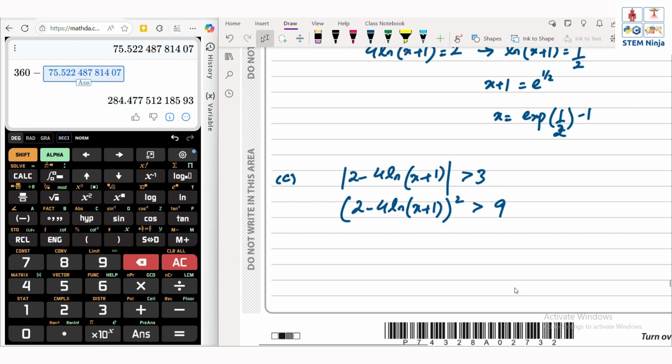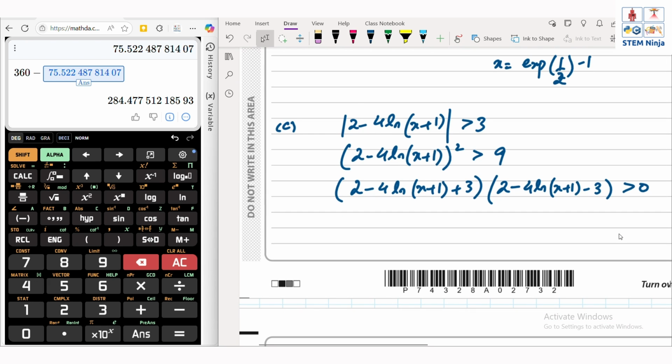So what we're looking for is, okay, we use the difference of squares methodology: (2 − 4 ln(x + 1) + 3) and (2 − 4 ln(x + 1) − 3) greater than 0.